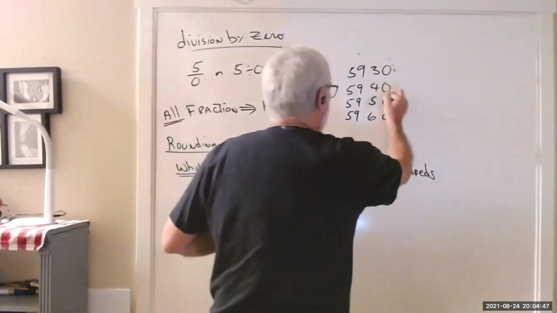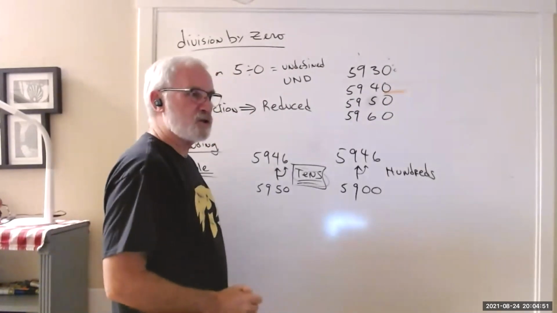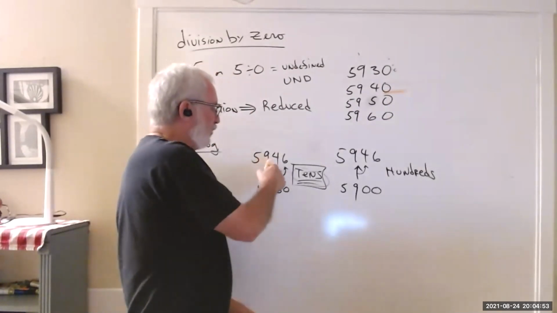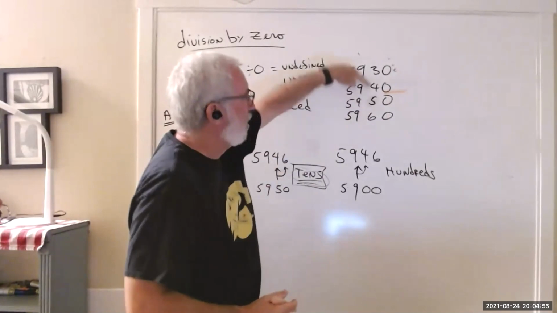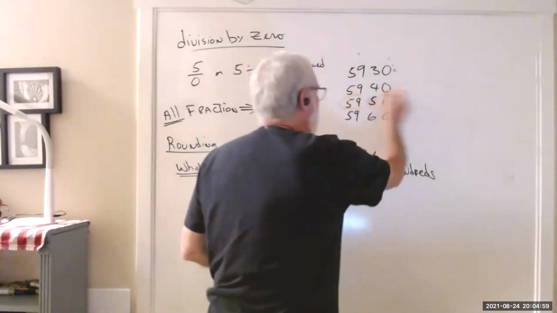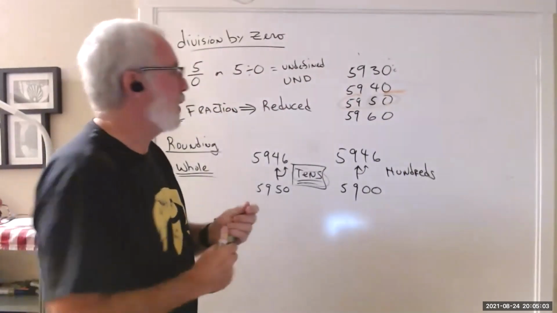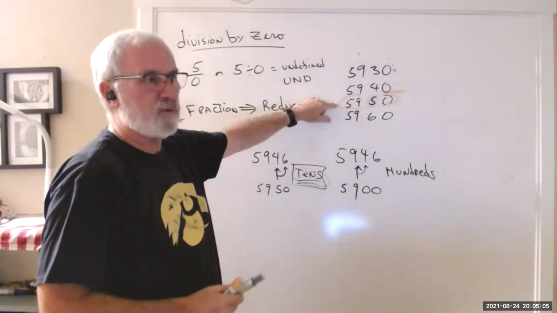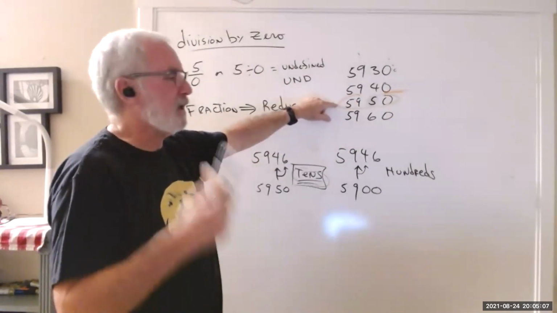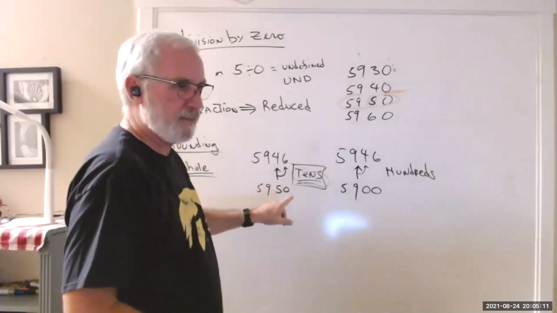Well, this fits right in there, and which of those is it closest to? Is 46 closer to 50 or closer to 40? Well, it's closer to 50, and that's how we get the answer. That's technically the correct way of rounding. But again, too darn slow, so we have this little shortcut.